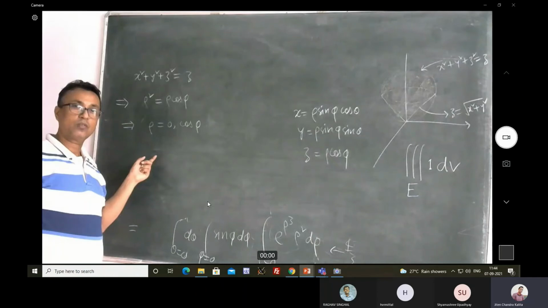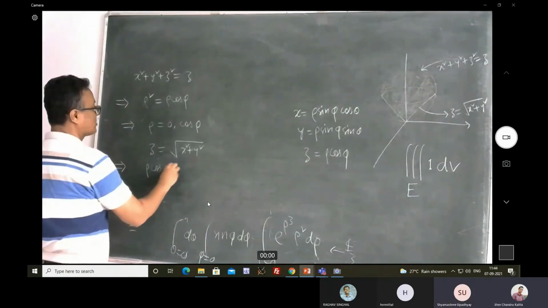And you will see that this is a function of phi. Now again, if I consider the cone, z equal to square root x squared plus y squared. So this is going to be z. Z is what? Rho cos phi.